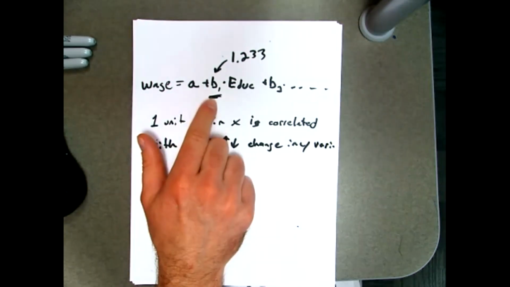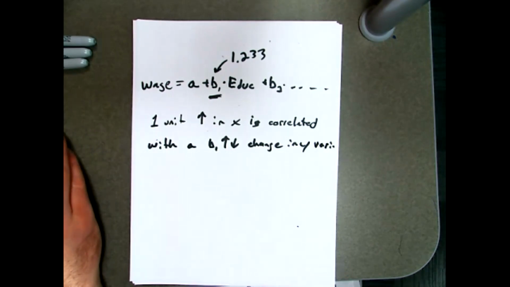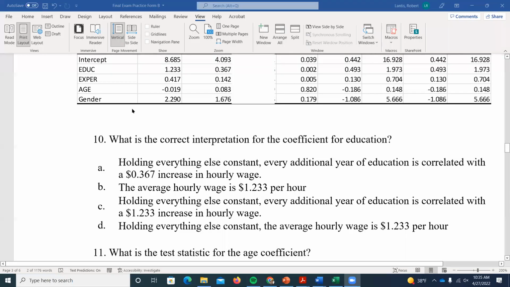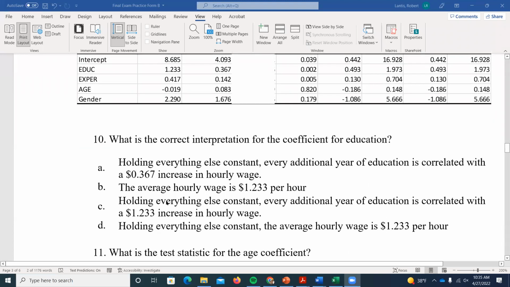That's how we would interpret that slope coefficient. And then holding everything else in the regression constant, because we had multiple variables on the right-hand side. So holding everything else constant, every additional year of education is correlated with that $1.23 increase in hourly wage, right? That's how we would interpret that slope coefficient.